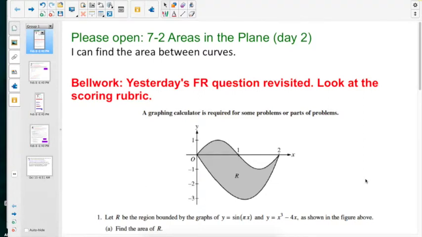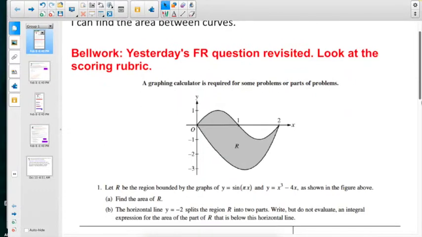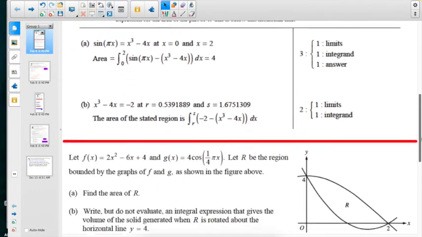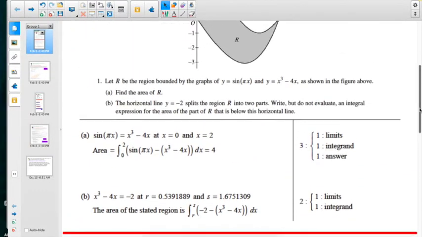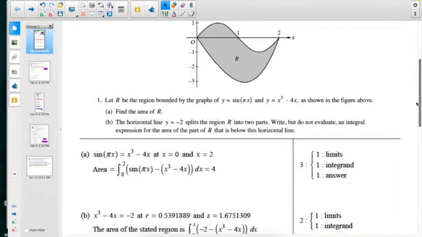Over this free response question we did yesterday in class, just to show you the rubric. So we did this yesterday in class. It was find the area of region R. So we had an upper curve and a lower curve.